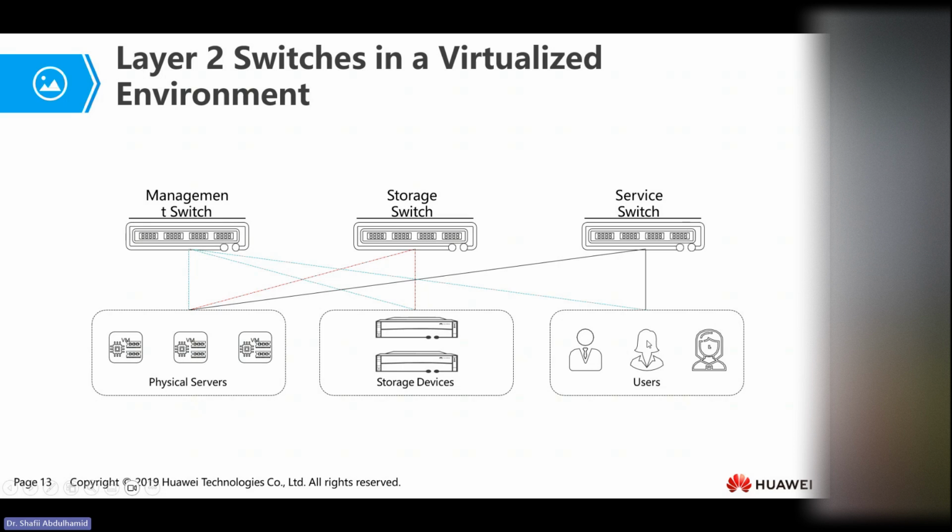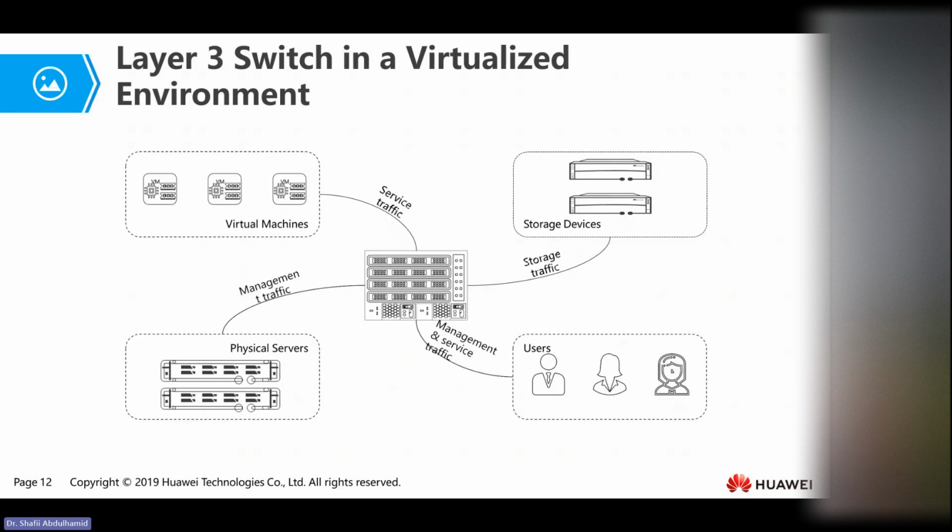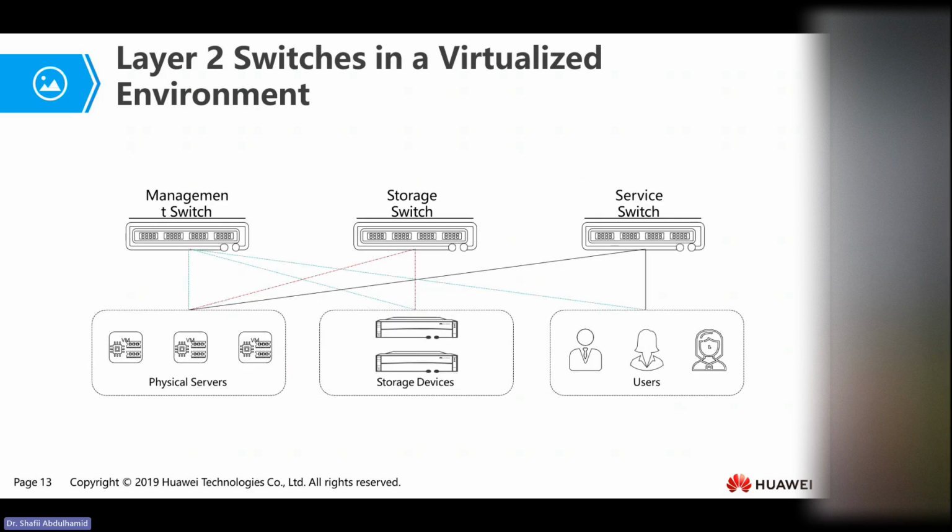Okay, so now this is the thing. Each of these switches simply sends and receives information from the devices that we mentioned using either management traffic, or service traffic, or storage traffic, depending on the type of communication.